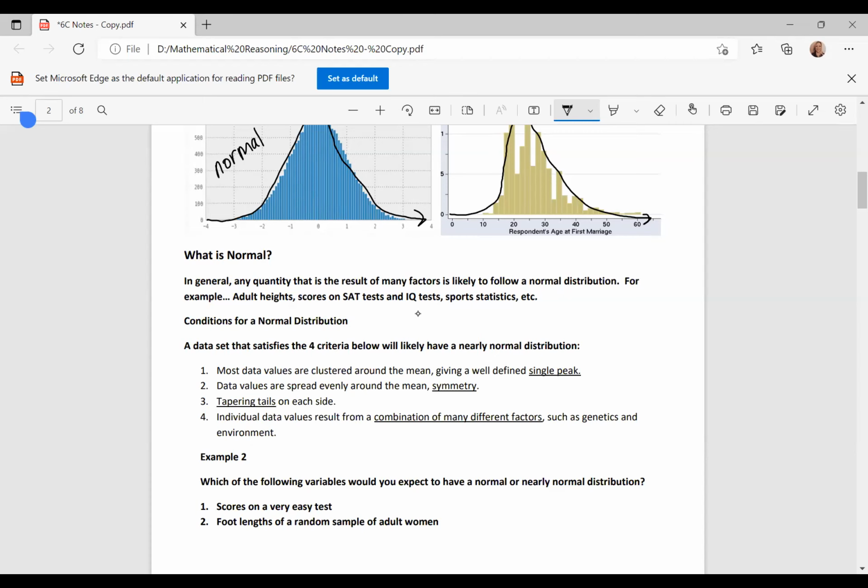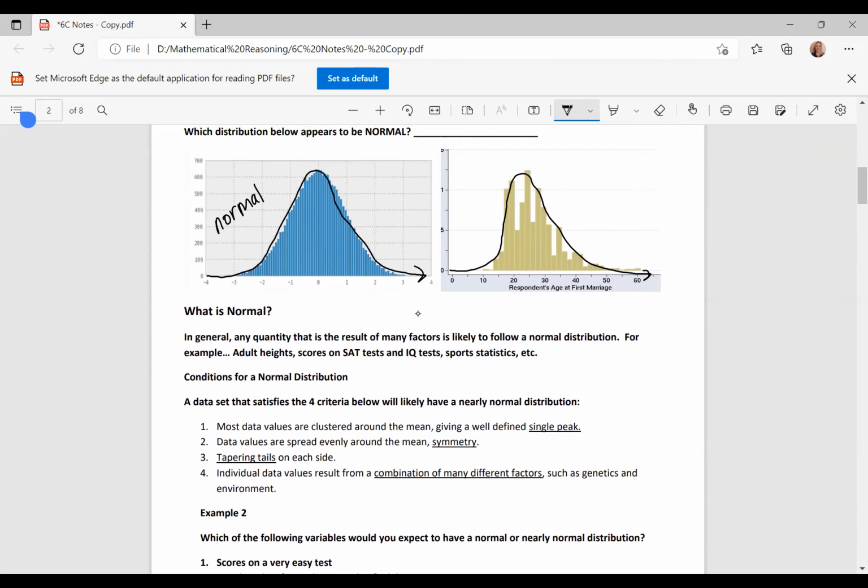Most data values are clustered around the mean, giving a well-defined single peak. So when we're talking about that, our mean here would be this 0 value right in the middle, and it looks like we have the highest number right here at our mean.